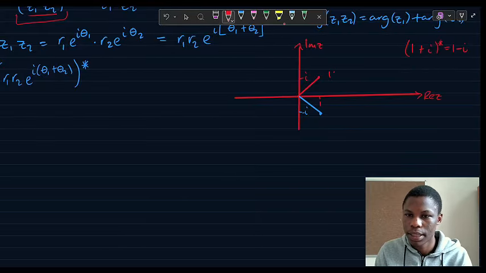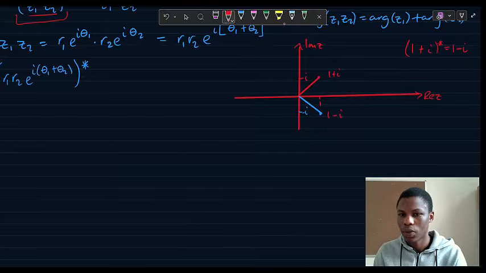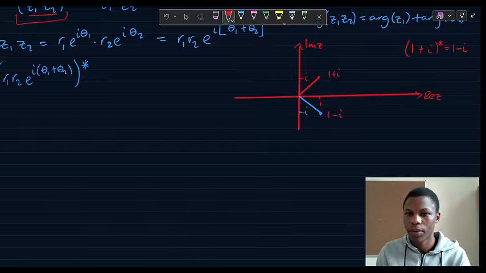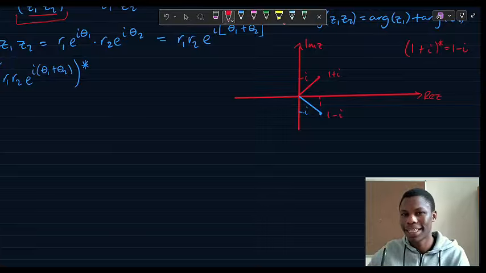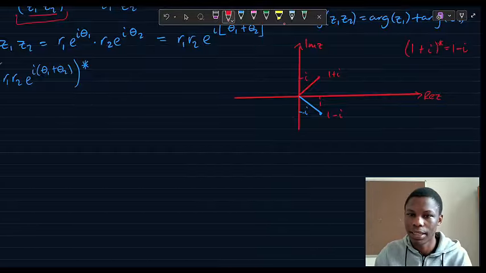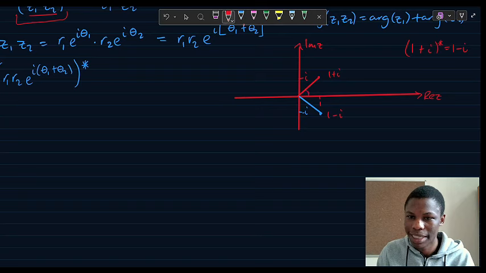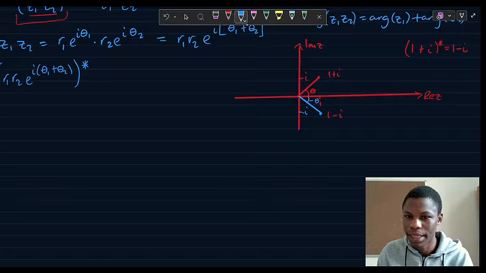Okay, so this is 1 plus i, this is 1 minus i. So what happens is that when you find your conjugate, you're just reflecting the original complex number in the real axis. And if you look at it in terms of the argument, if this argument here was theta, then the argument there becomes negative theta.